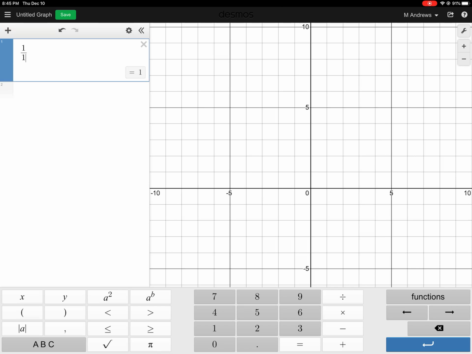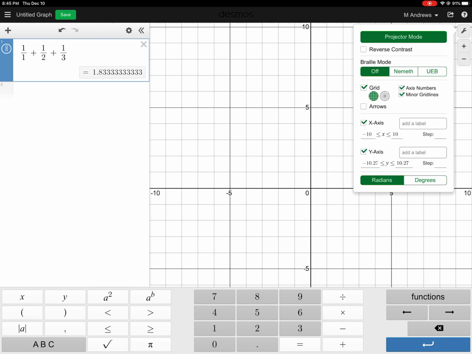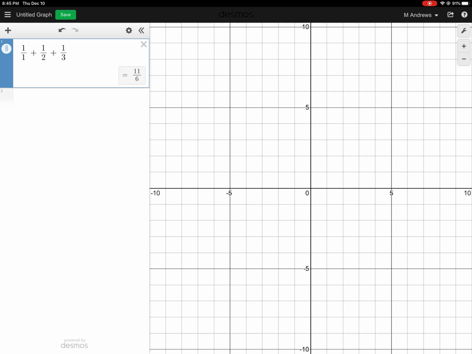This was 1 over 1 plus 1 over 2 plus 1 over 3. And you see I get 1.833333333. But if you look on the left side, you see this circle with 2 squares on it. If I just click that, it converts it into a fraction. And then there's that 11 sixths.